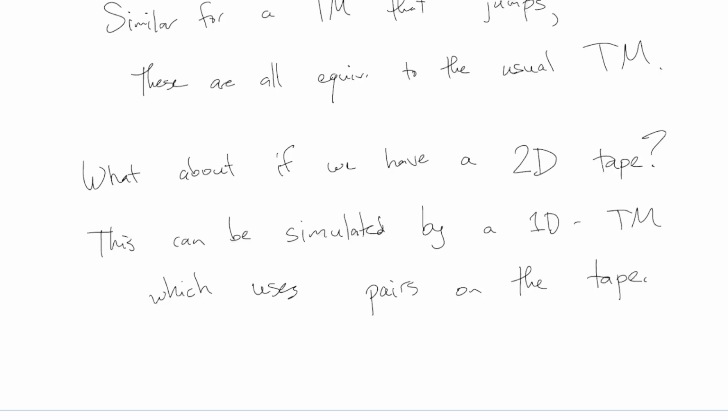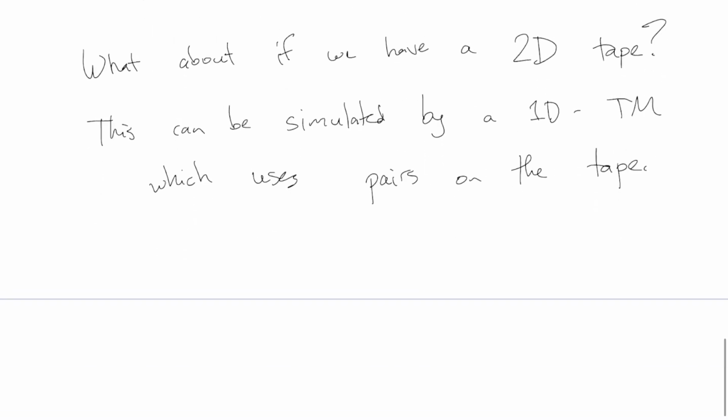What about a 3-dimensional tape? No, it's the same thing. Instead of pairs, you use triples. There's no difference really. 4-dimensional tape, it doesn't matter. This is like jacking up the dimension of the tape. You could also think about, how about just 2 separate tapes?